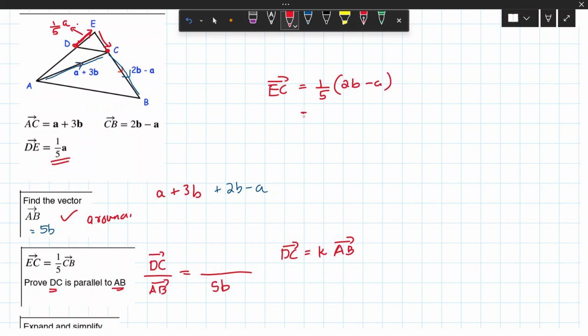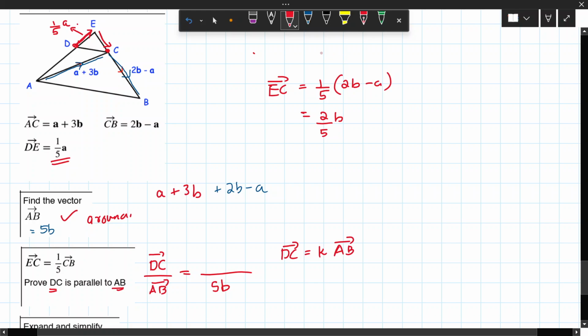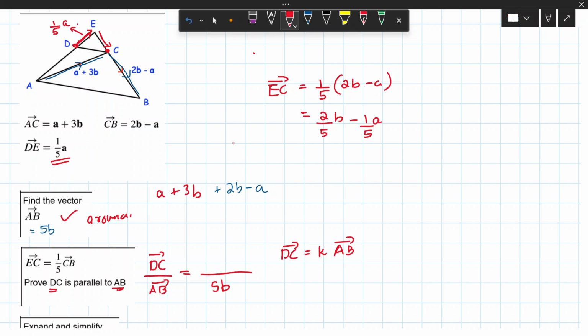So I need 1/5 of that, which means I'm doing 2/5 B. Sorry, 1/5. Yeah. So yeah, that's 2/5 B and then subtract 1/5 A. So that's my EC vector.